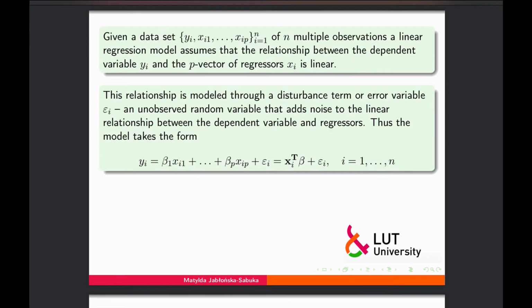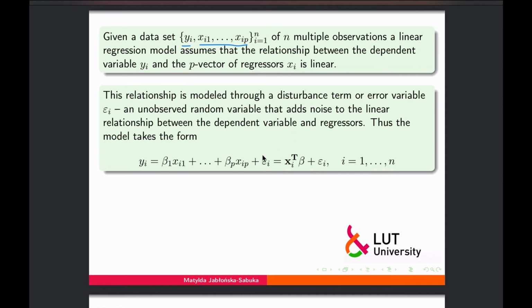Now, if we are given a data set where we have our dependent variable y, and a set of explanatory variables up to p, each with observations from 1 to n, the regression model assumes that the relationship between the dependent variable y and the p-vector of regressors is linear.